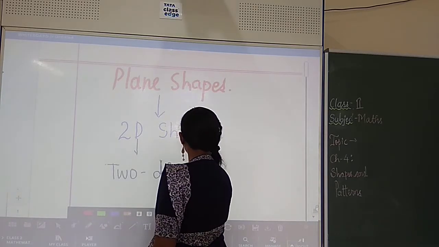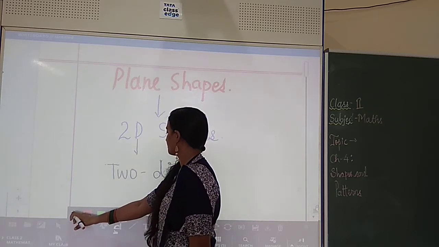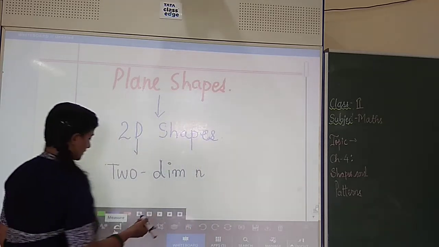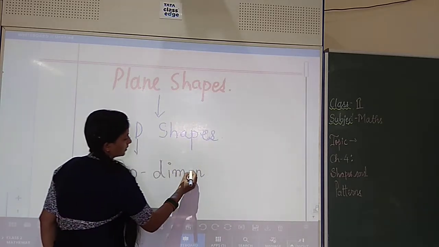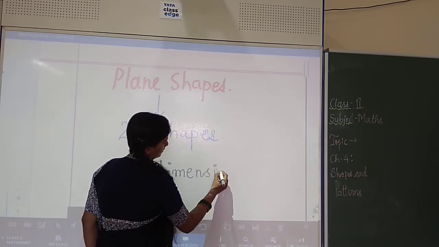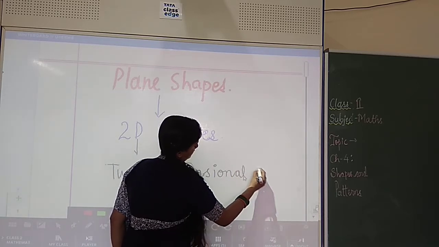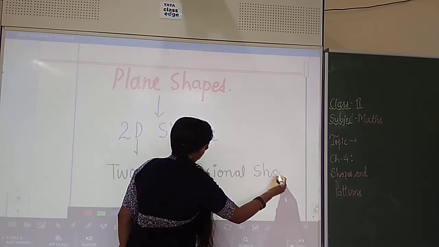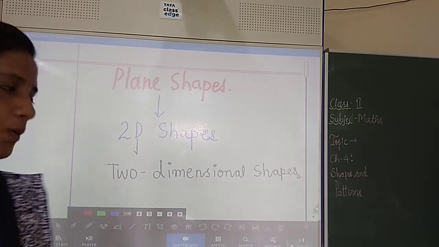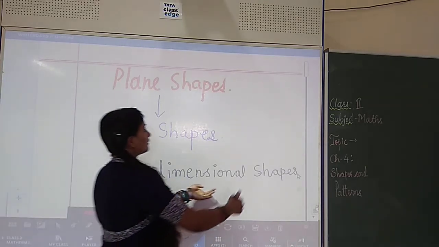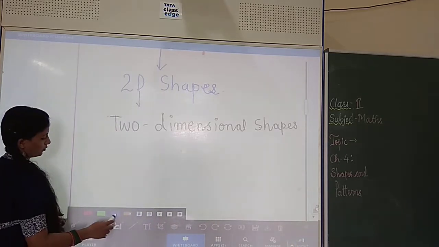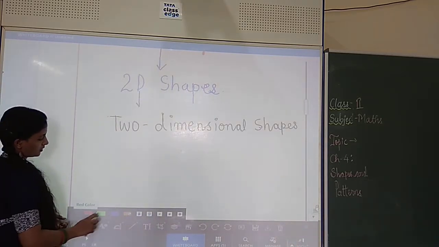Two-dimensional shapes. Okay. Now, what is the meaning of dimension? Does anyone want to tell me?